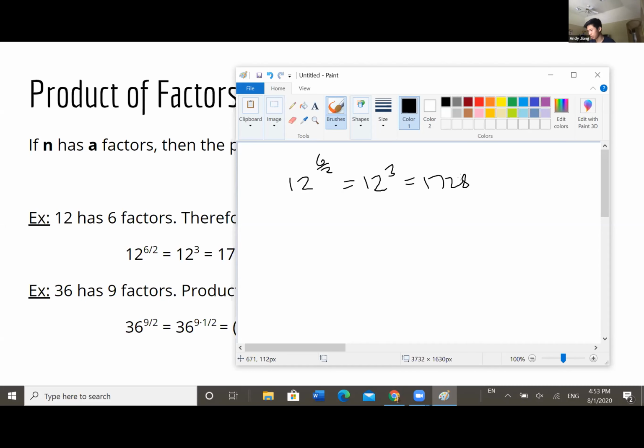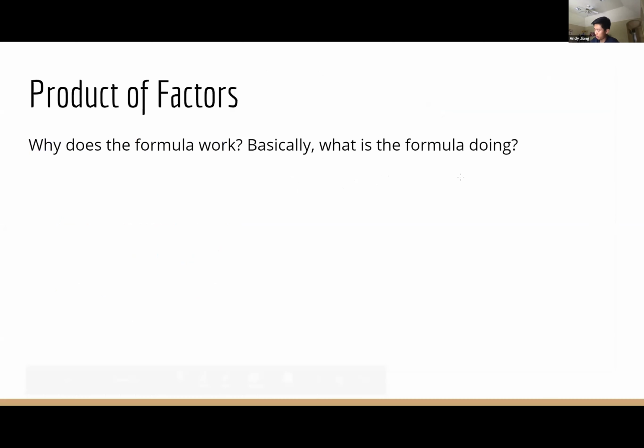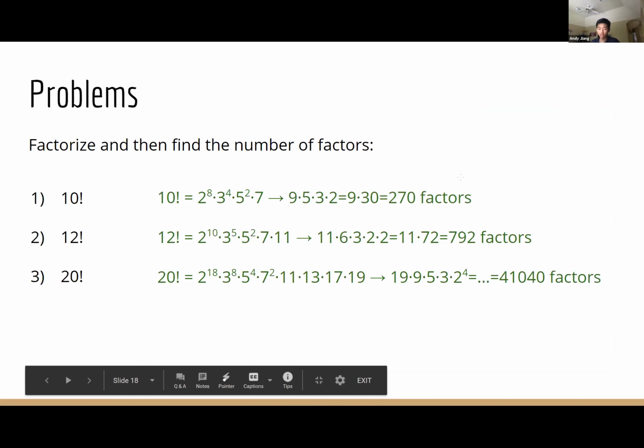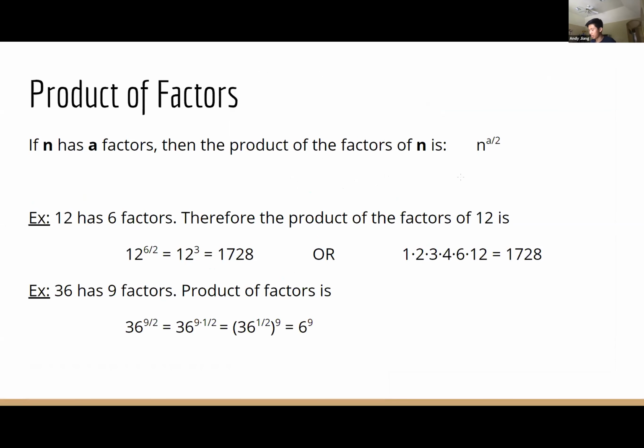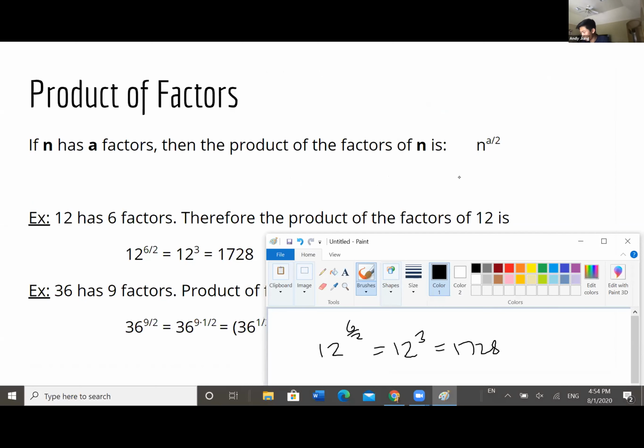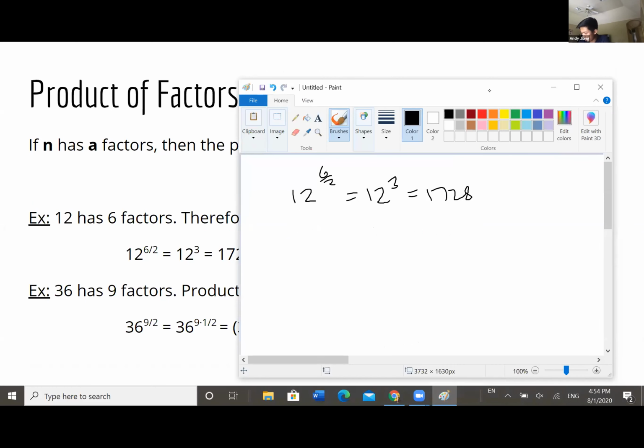So how do you get faster here? Well, I think really the main thing is to get fast at finding the number of factors. If you can do that, then product of factors is really easy. And then you may notice that sometimes a is going to be odd. Specifically, when n is a perfect square, then a is going to be odd.